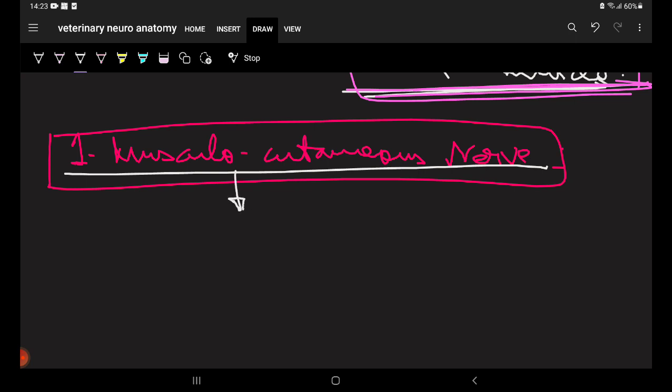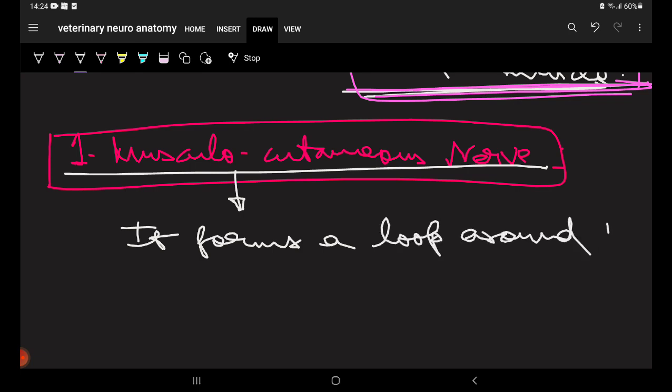Okay, so it forms a loop around the median nerve.